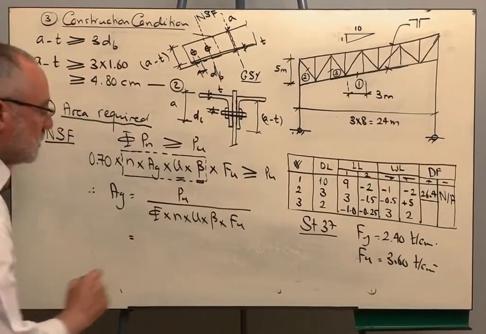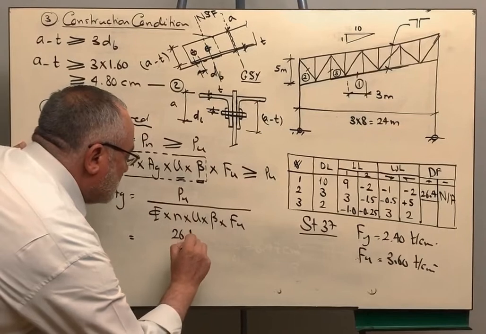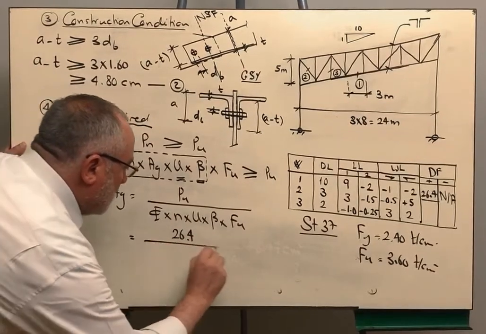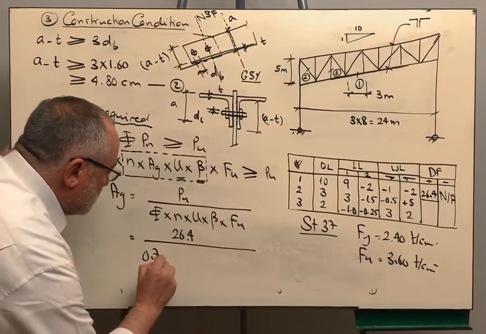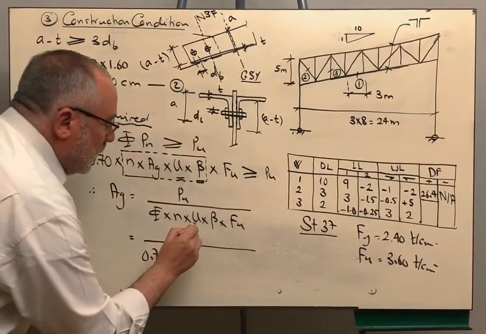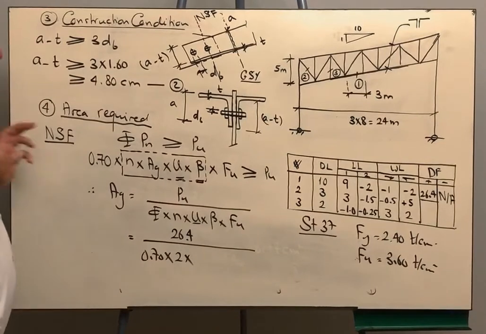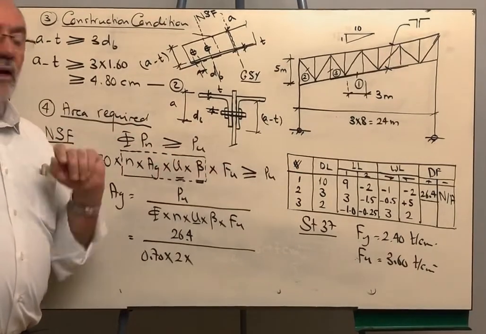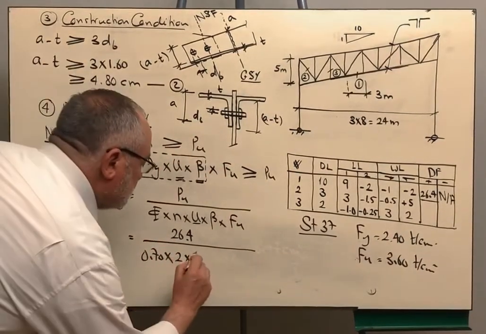Let us substitute here. The value of P ultimate is 26.4 and phi is 0.7. N is 2 because we have two angles in the cross section. U is the shear lag factor. Since the member is bolted, we are going to take 0.75.